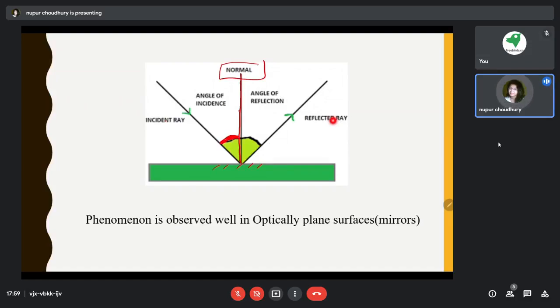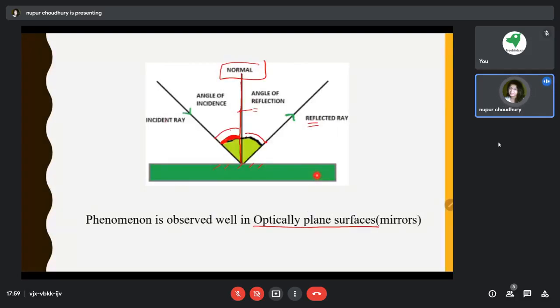This angle is known as the angle of incidence, and the angle of reflection is the angle between the reflected ray and the normal. So this is the angle between the reflected ray and the normal, and this is the angle between the incident ray and the normal. This reflection is observed very clearly in optically plane surfaces or mirrors.